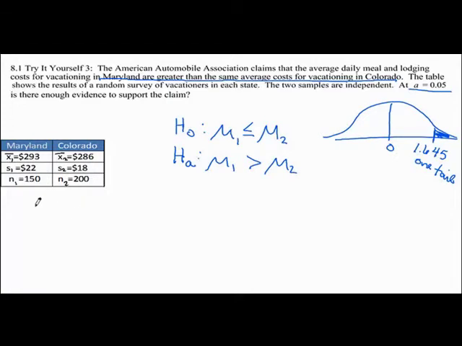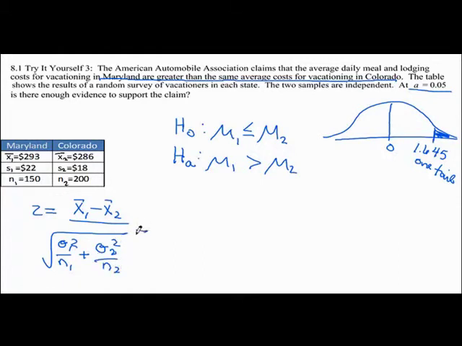Z is equal to x bar 1 minus x bar 2 divided by the square root of sigma 1 squared divided by n1 plus sigma 2 squared divided by n2. Since we don't have the population standard deviation, we're going to use our sample standard deviations here.